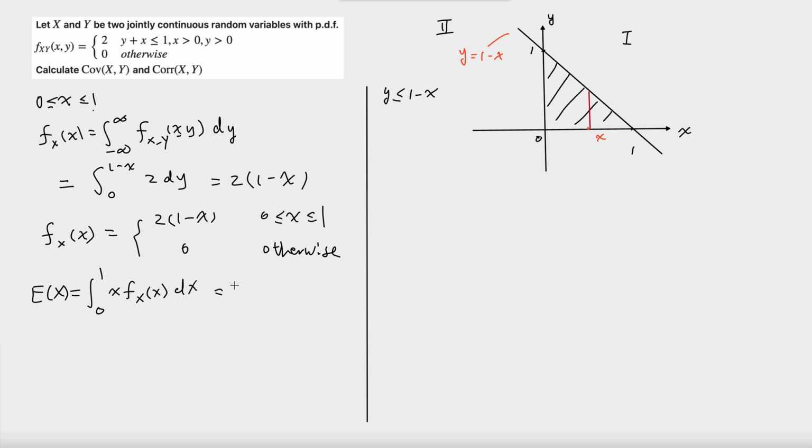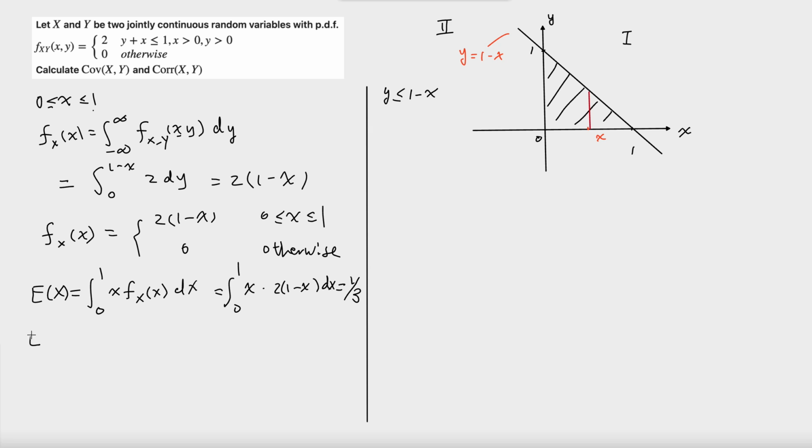So this is the integral from 0 to 1 of x times 2 times (1 minus x) dx, which is equal to 1 over 3.